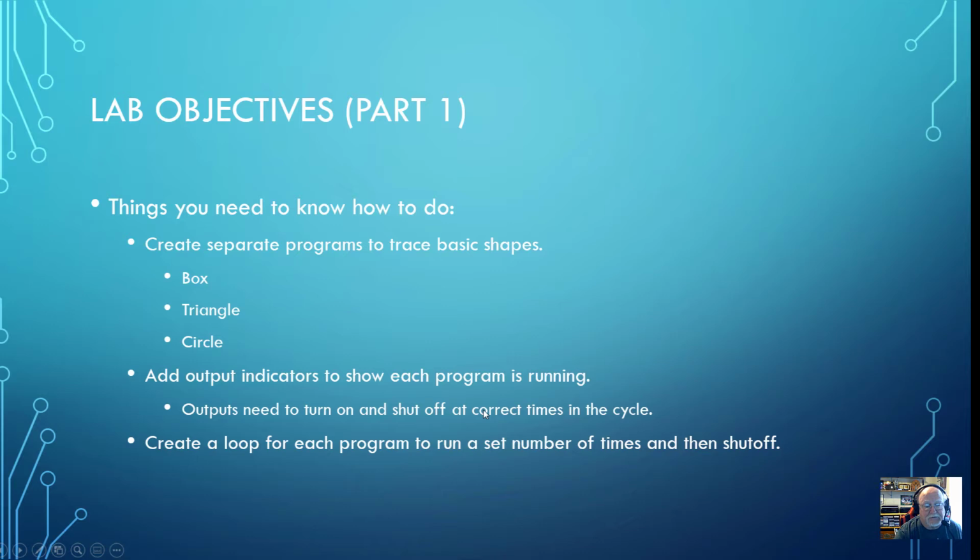So when each program starts, it needs to have a specific indicator light on, and then that light needs to shut off when that cycle is complete. And then you need to create a loop for each program to run a set number of times and then shut off. So these are all things that we've covered in class, and hopefully you'll be able to do these with minimal problems.